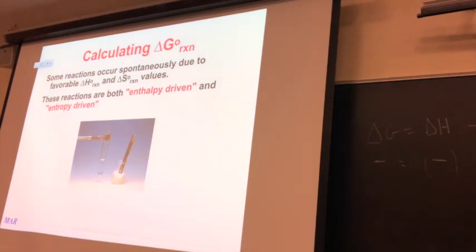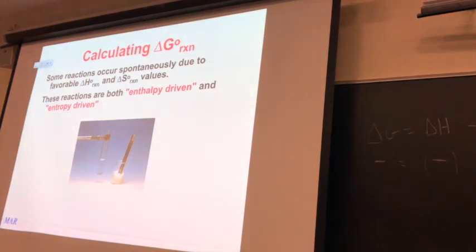You can also have entropy-driven reactions. Now, entropy values have to be positive to make delta G negative. It's kind of weird, a positive here, but times a negative makes this whole thing negative. So if delta S is positive, those reactions are called entropy-driven. An entropy-driven reaction just makes delta G more negative.